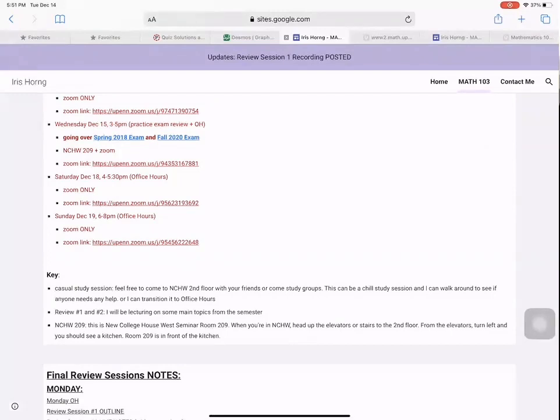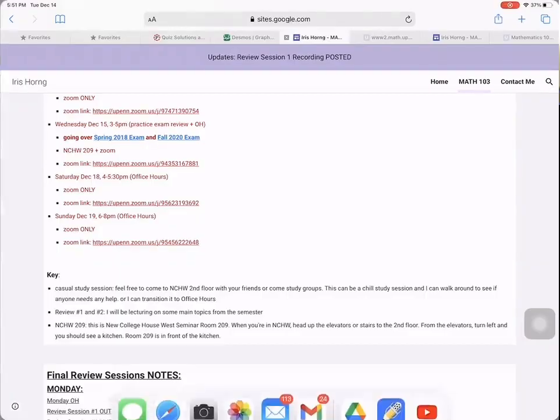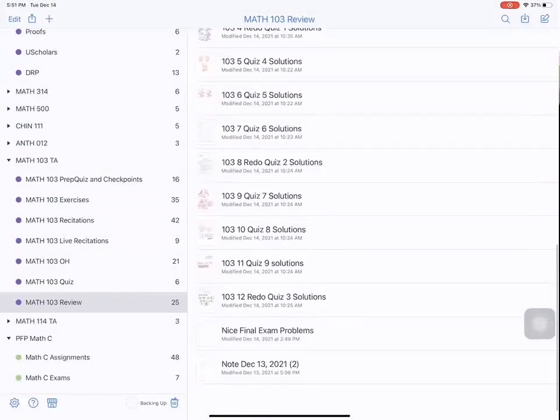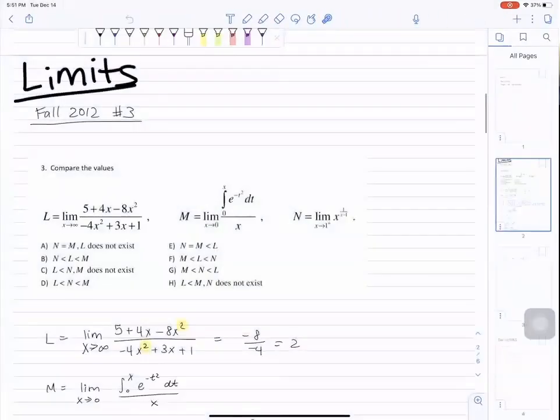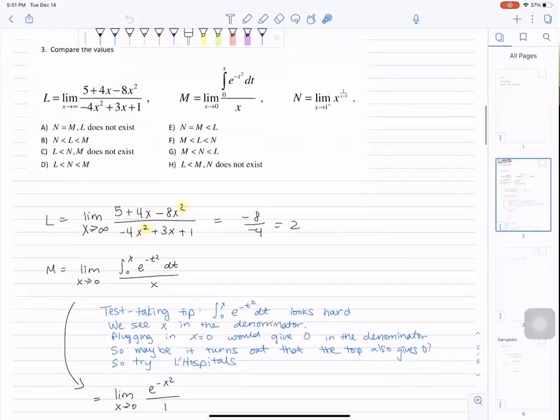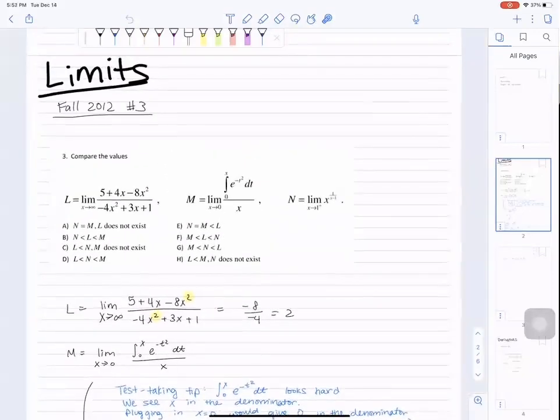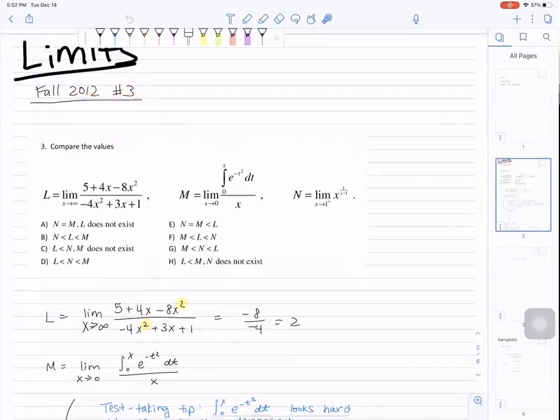Okay, let me go in order of questions. Someone at the very beginning asked how to use fundamental theorem of calculus part 2. That was used in this question, from fall 2012, number 3, when it's asking you to compare the values.